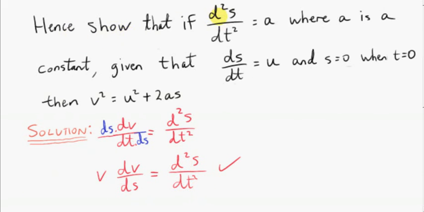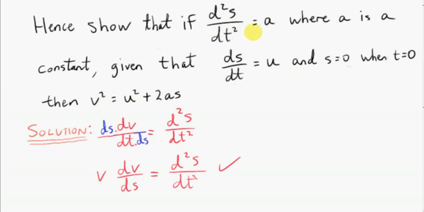Hence, show that if d²s/dt² equals a, where a is a constant, given that ds/dt is u and s equals 0 when t equals 0, then v squared equals u squared plus 2as. So now we're setting the second derivative equal to a constant a.